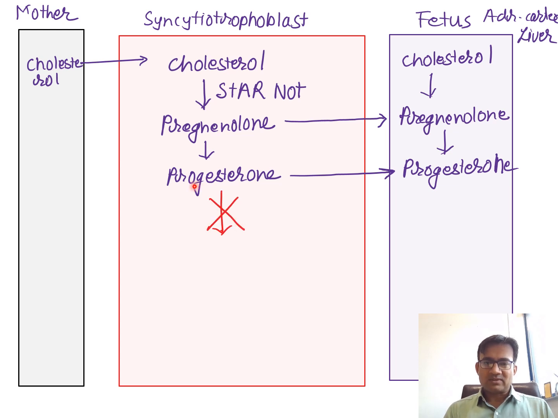Progesterone has to be converted in the next step if you want to form the estrogen derivative. The enzymes that we will discuss are 17 alpha hydroxylase and 17,20 desmolase. These enzymes are absent in the syncytiotrophoblast. So what will happen now? In the fetus, cortisol is formed from progesterone.